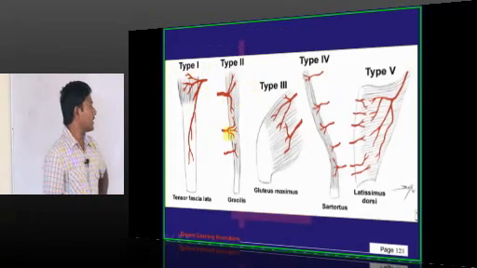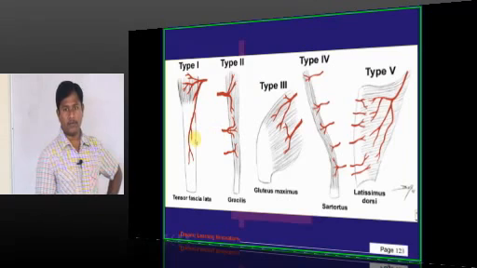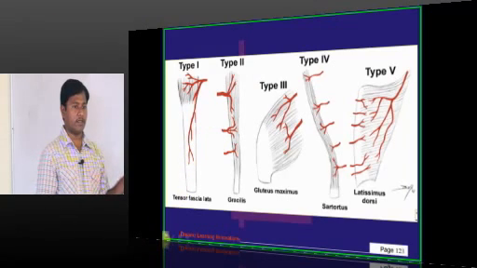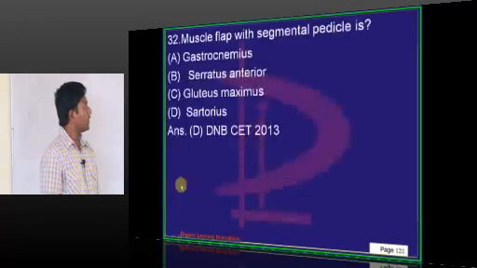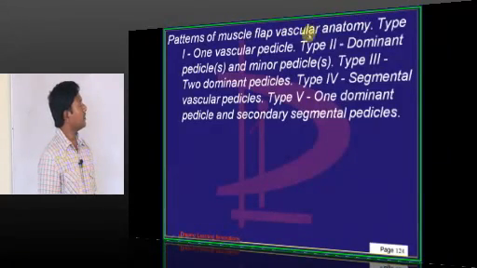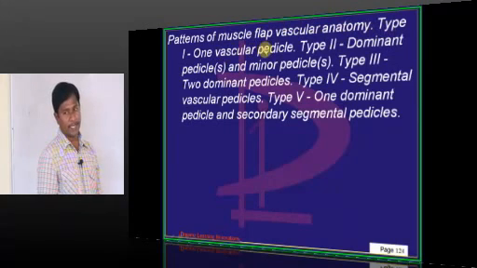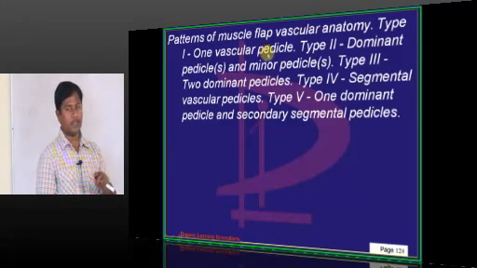So this is type 1. Make a note of this, this is not given anywhere. This is a recent question. Type 1 is based on one vascular pedicle.